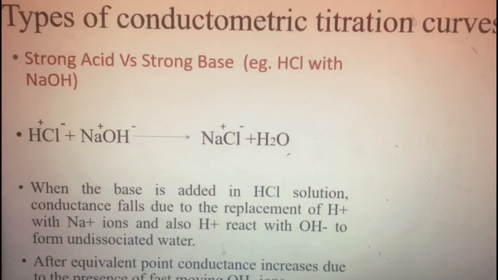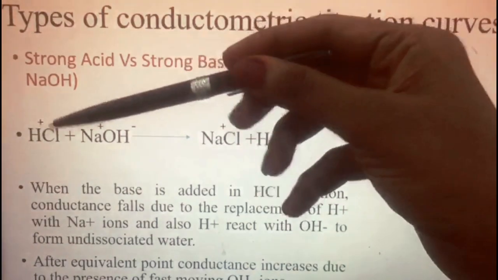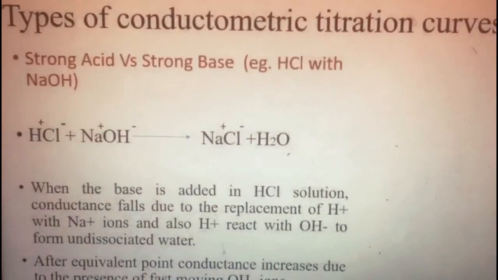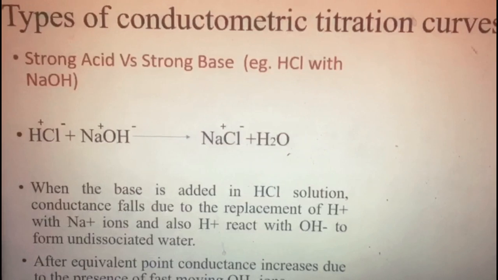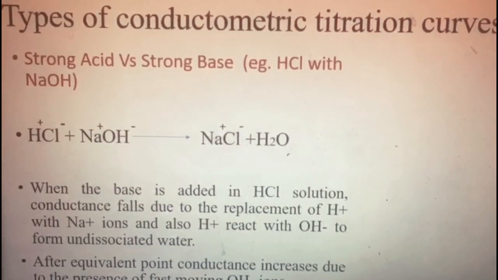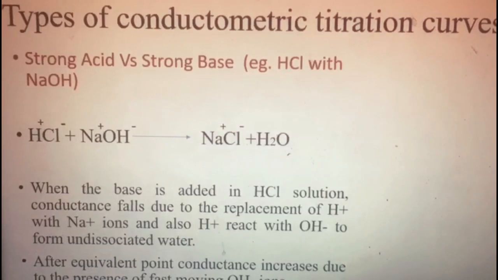Hydrochloric acid is a strong electrolyte which will be dissociated as H+ and Cl-. So the conductance will be due to H+ and Cl- ions. We know H+ and OH- ions have abnormal conductivity compared to other ions. So among positive and negative ions, the maximum conductance is for H+ and OH- ions.